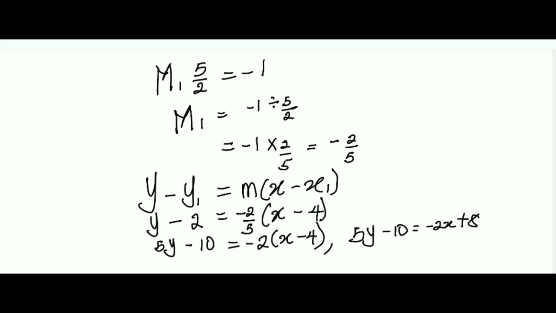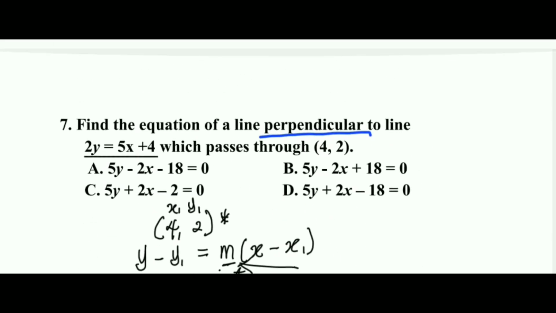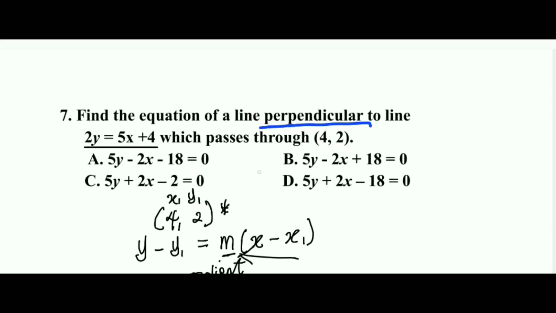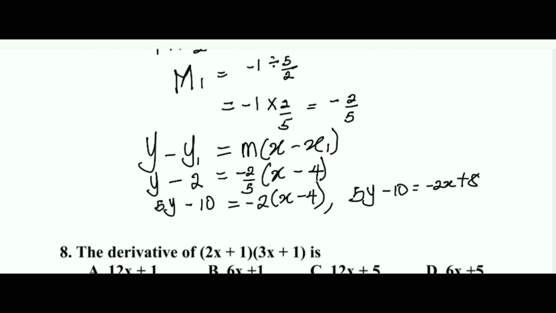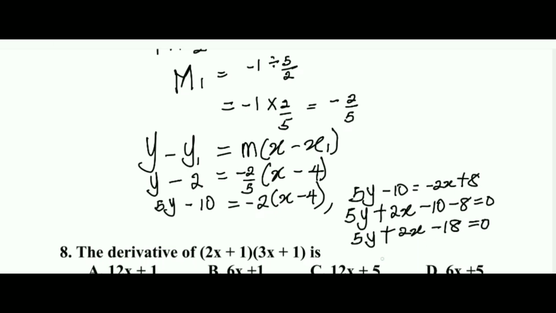Finally, when you look at the form of the options that is provided, everything is equal to 0. So I'm just going to rearrange this so that I have my answer as 5y plus 2x plus 10 minus 8 equals 0. And so I have this as 5y plus 2x plus 2 equals 0. So this is the equation we are looking for.